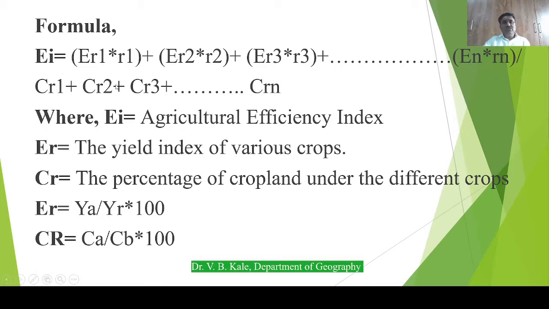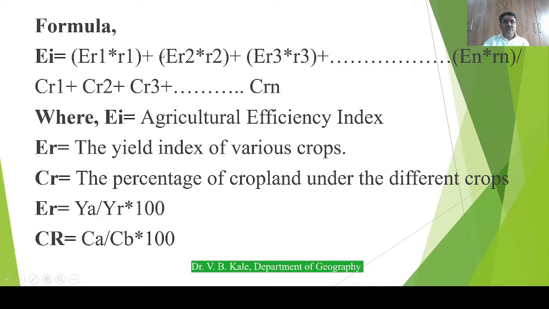So what is the explanation of this formula that is given over here? EI is nothing but the agricultural efficiency index. ER is the yield index of various crops. So how much yield is there for the particular crop? Up to 1, 2, 3, that is n.